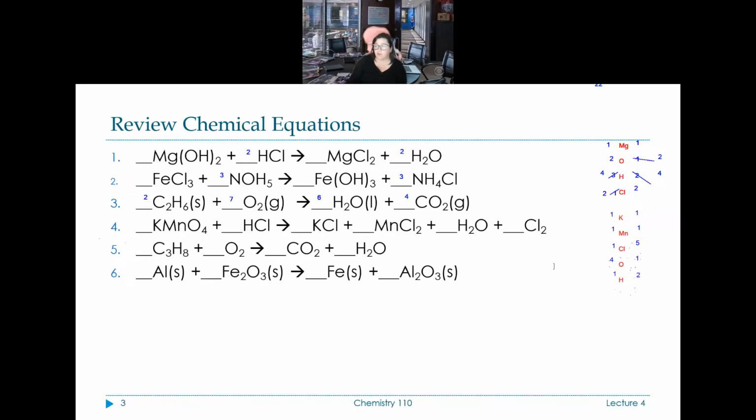So what can I fix first? Well, it looks to me like the first thing that I need to fix is the chlorine. But the chlorine is messy because it appears in so many different places. So let's see if we can fix the oxygen, since that only occurs in one place. I know that I have 4 oxygens on this side and I have 1 over here. What if I multiply this by 4?